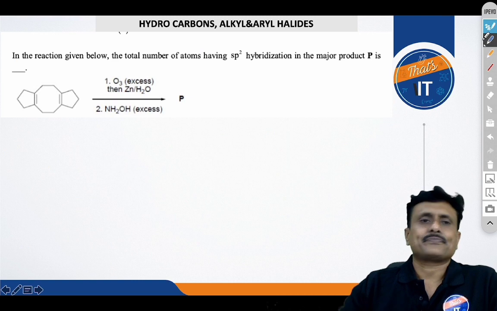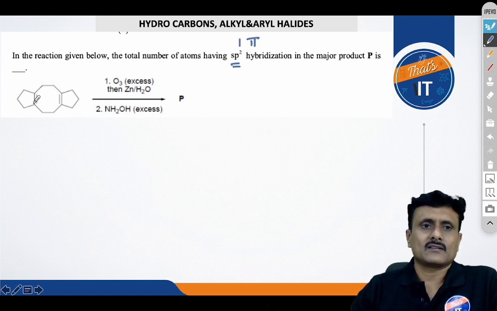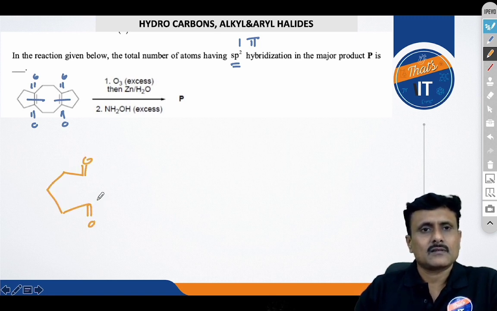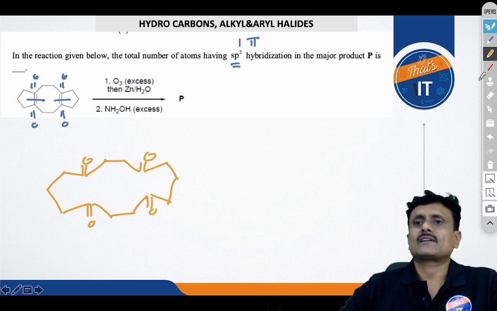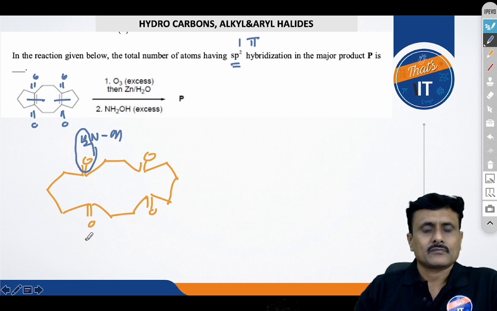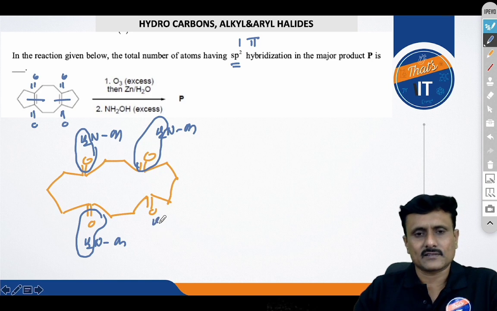Look at the next question. In the reaction sequence, you have to identify the sp2, that means the pi bonded carbons. So you can see when you are doing the ozonolysis, you will be getting double bond O's. All right. So after getting the double bond O's, you have to write the concerned product here. After writing the double bond O's, you know how to write the oxime from the hydroxylamine addition, right? It is a simple property of the aldehydes and ketones that they will add to the nitrogenated nucleophiles to lose water, isn't it?